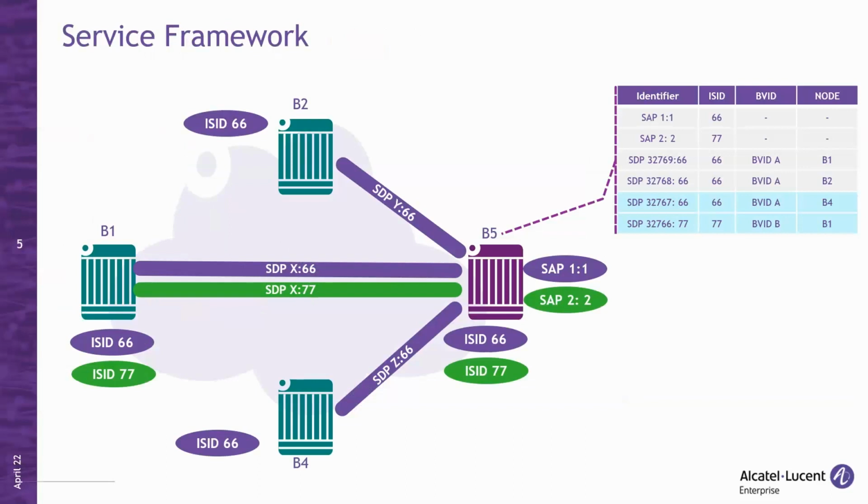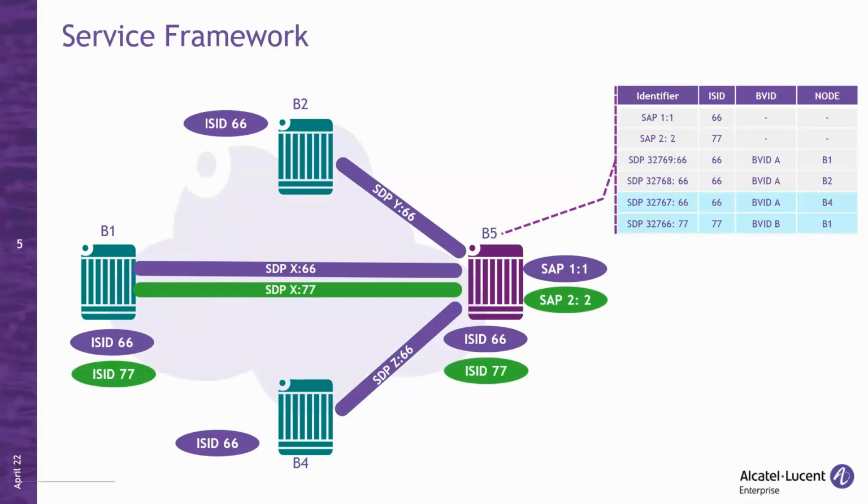Let's concentrate on B5, the node on the right. This node has 2 SAPs, one for each customer. They could be on the same or different physical ports. If on the same physical port, then we would have to specify a different VLAN tag combination for each customer. If we look at the green customer with only 2 locations, then B5 also has one SDP which maps to the far-end BEB, B1.